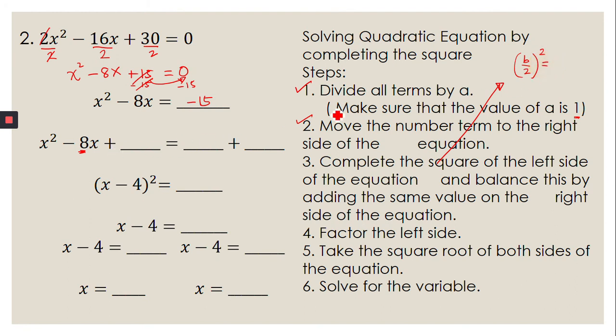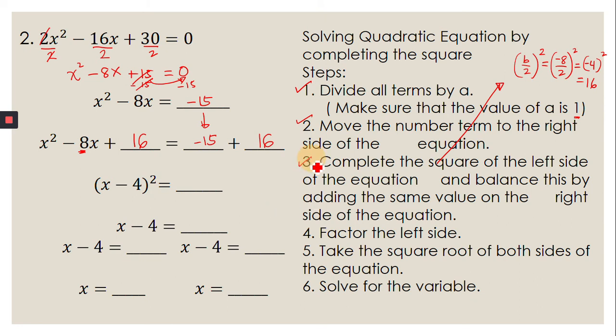Your b is negative 8 over 2. Negative 8 over 2 is negative 4 squared, that is positive 16, because negative times negative is still positive. So this is 16, right? Now remember, you have negative 15 here. Now if you add 16 on the left side, you will also add 16 here, right?